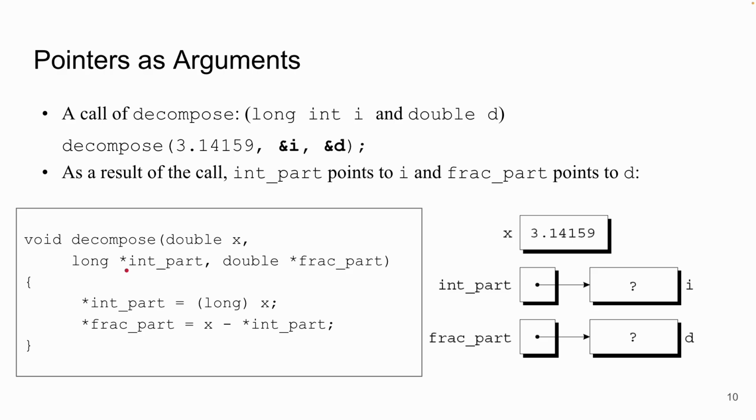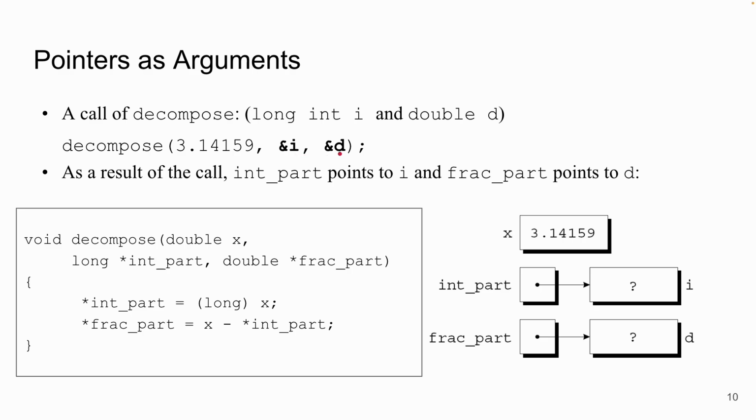And since the decompose function requires pointer variables for the last two parameters, you need to pass a value that can be stored inside a pointer variable. So what value can be stored inside a pointer variable? I believe most of you have an answer in mind: an address. That is why we pass the addresses of i and d as the last two arguments.